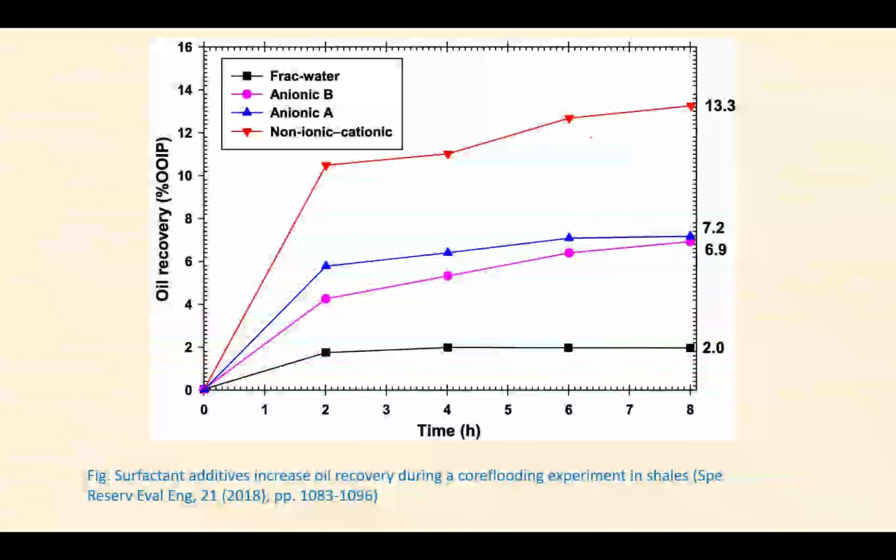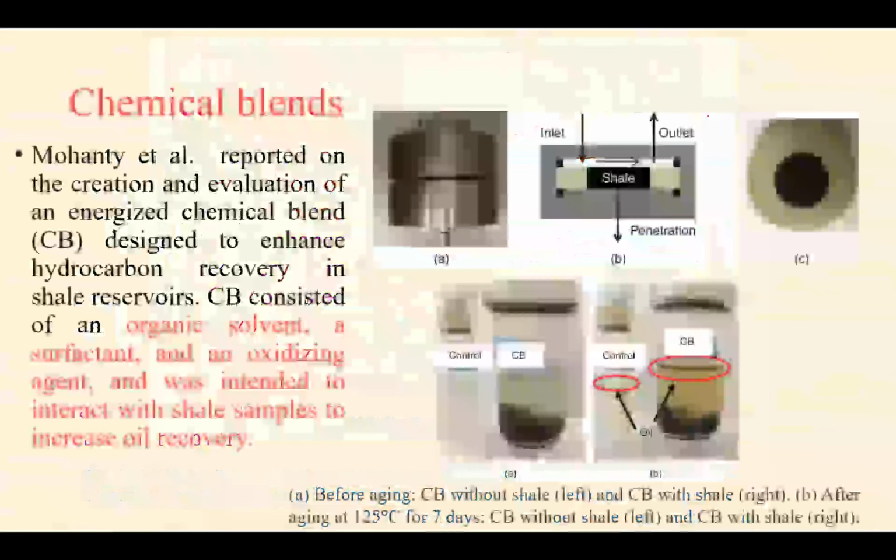Here you can see that the additional recovery of 13% is quite high for this particular case. On the other hand, compared to a conventional reservoir it is much less, but for this unconventional reservoir, this 13% is quite high.